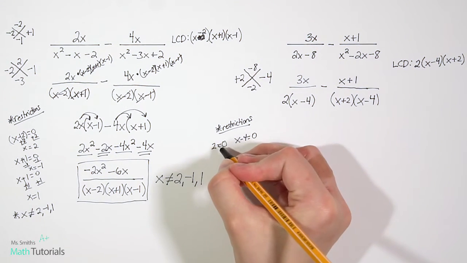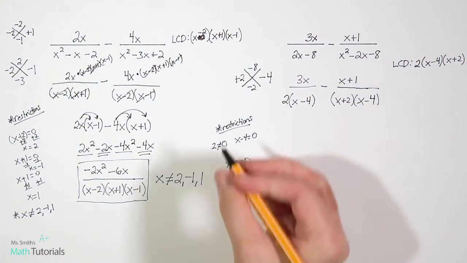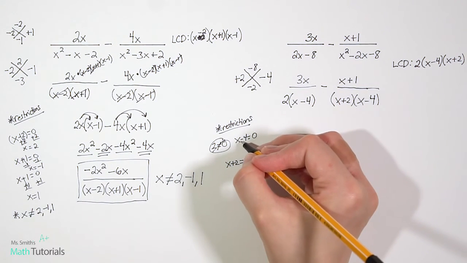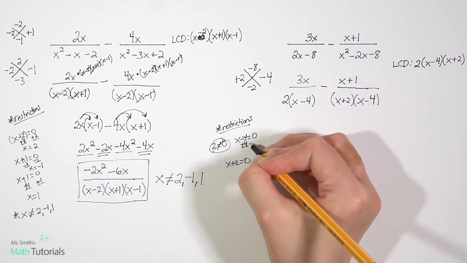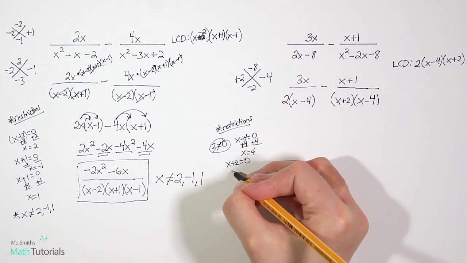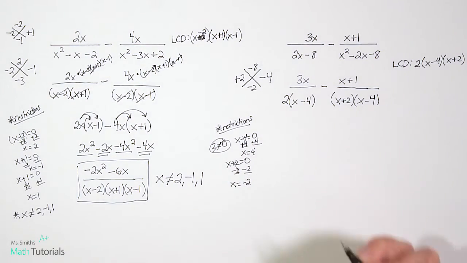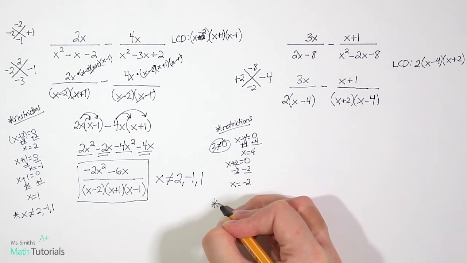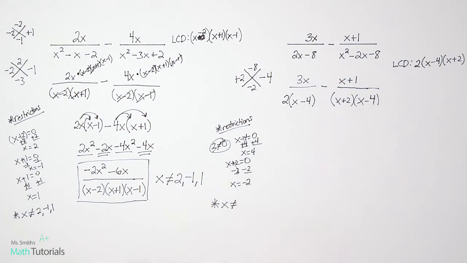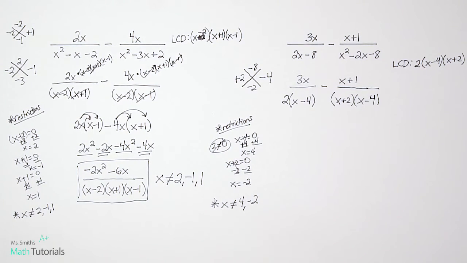Here's the thing, 2 does not equal 0, which means we ignore that. For this one, we would add 4 to both sides, and we get x equals 4. And for this one, we'd subtract 2 from each side, and we get x equals negative 2. So our restriction statement would be x cannot equal, we're ignoring that one, x cannot equal 4 or negative 2.